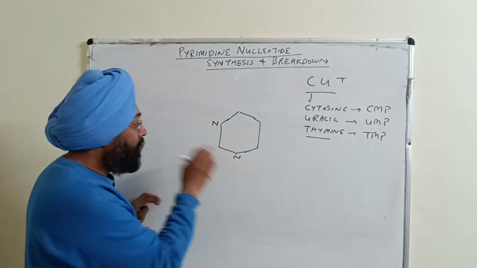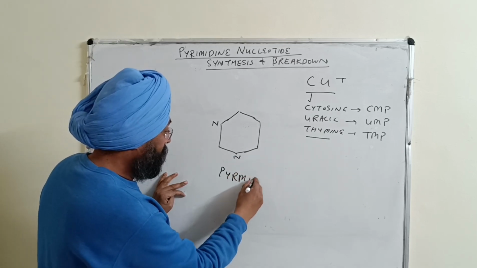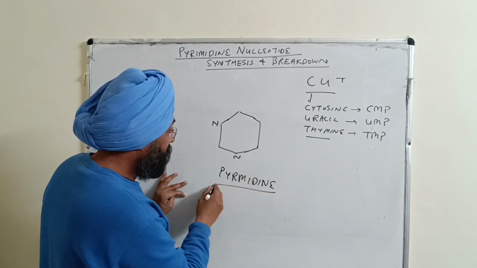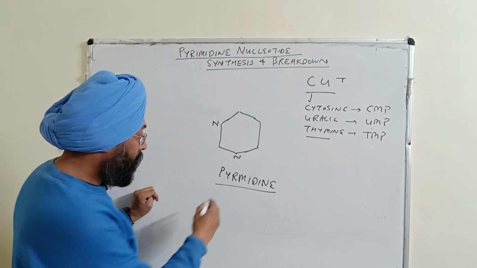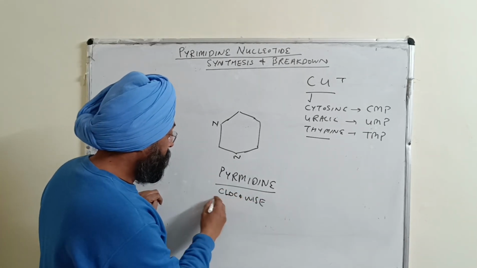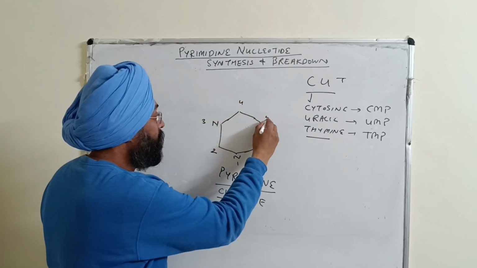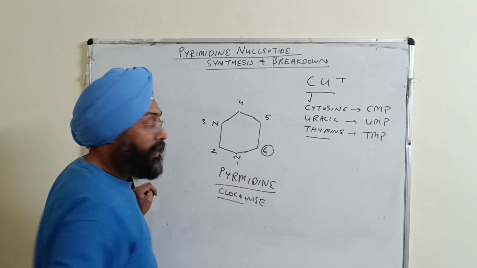Now coming on to this molecule, pyrimidine, right? So remember the first thing, that the numbering is clockwise, right? So I will number them 1, 2, 3, 4, 5, and 6, right?